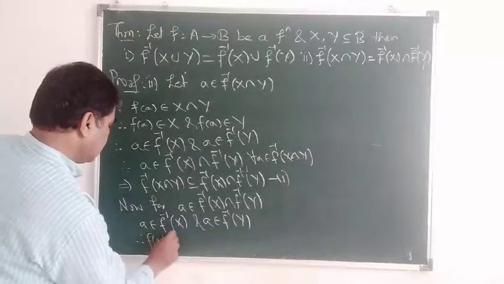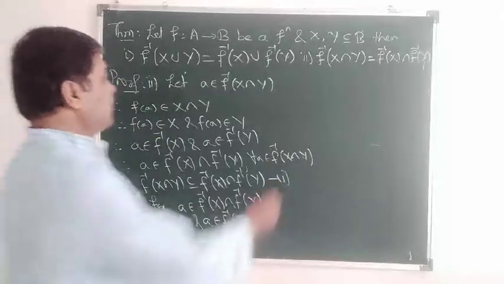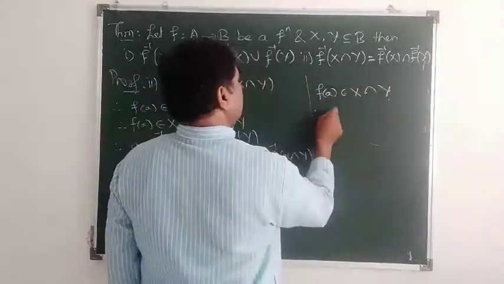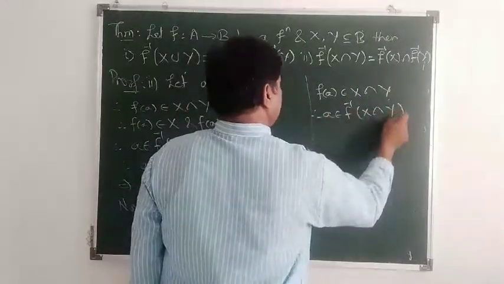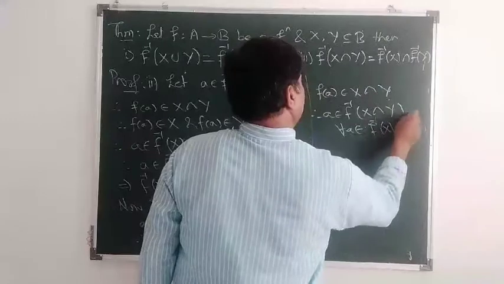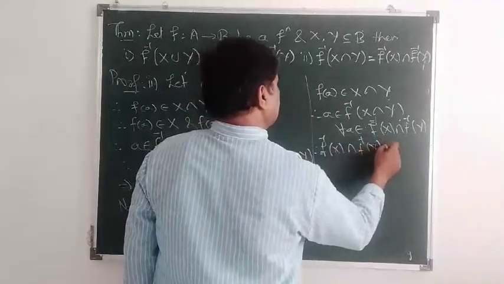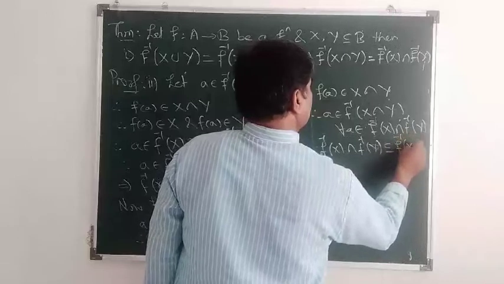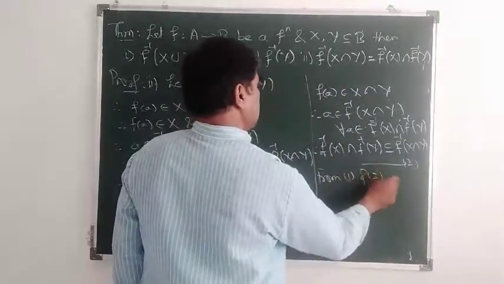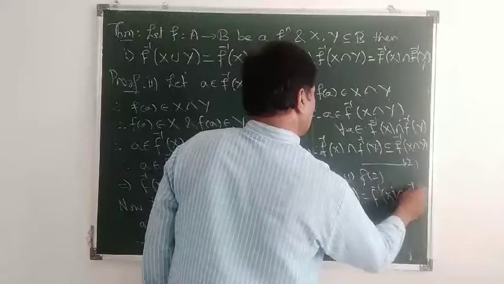Therefore, f of a lies in X and f of a also lies in Y. As f of a lies in X, it lies in Y. Therefore, f of a belongs to X intersection Y and therefore a belongs to f inverse of X intersection Y. For any a belonging to f inverse X intersection f inverse Y, f inverse X intersection f inverse Y is a subset of f inverse of X intersection Y. So from 1 and 2, equality holds, meaning f inverse of X intersection Y is equal to f inverse X intersection f inverse Y.